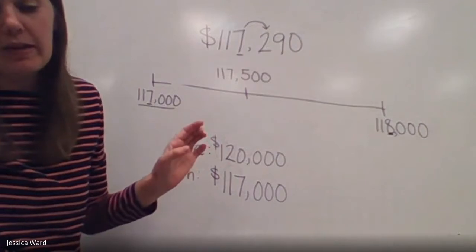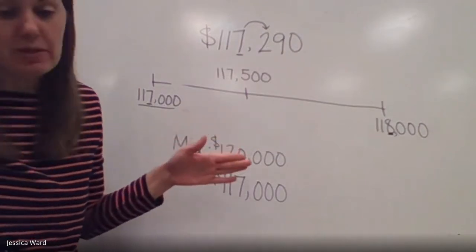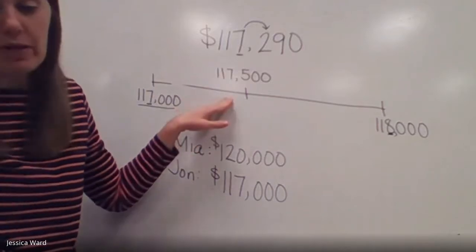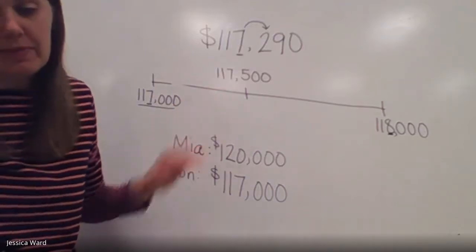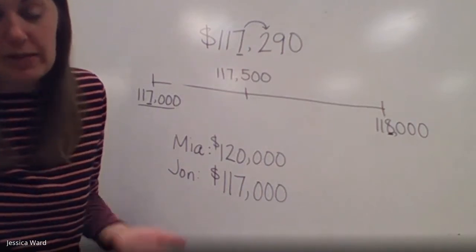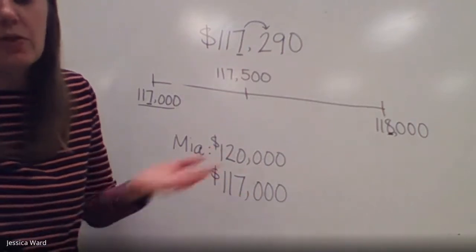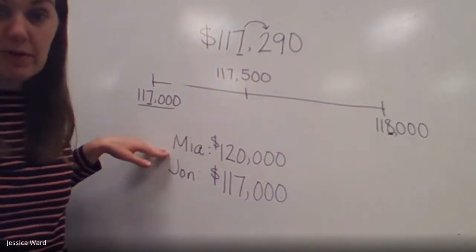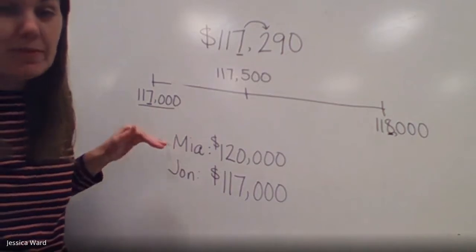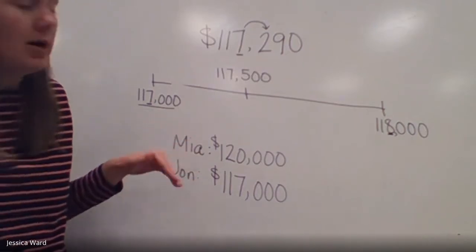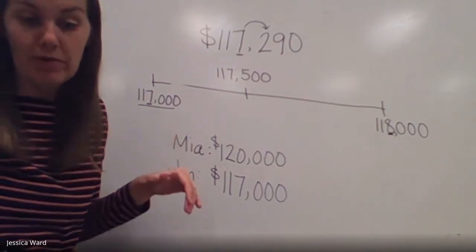They found that 115,000 would be in the middle, and 117,000 is between 110,000 and 120,000, closer to the 120,000. So as an estimate, we would be rounding to 120. But that doesn't really help us find what John would round to.